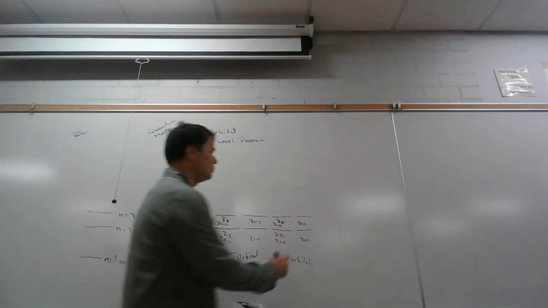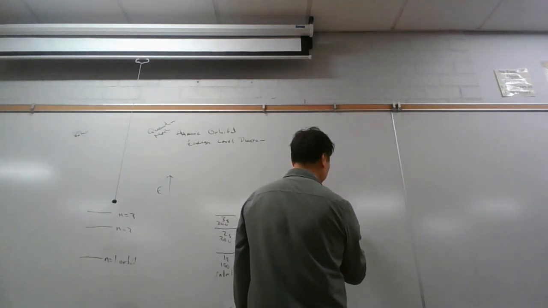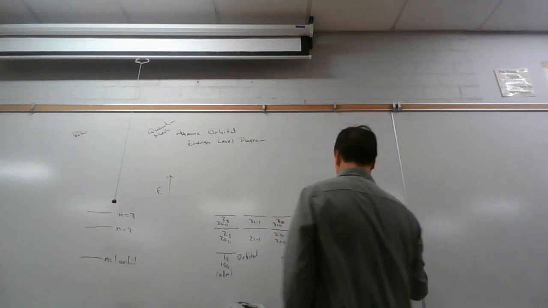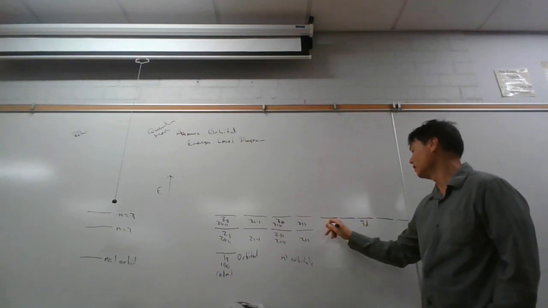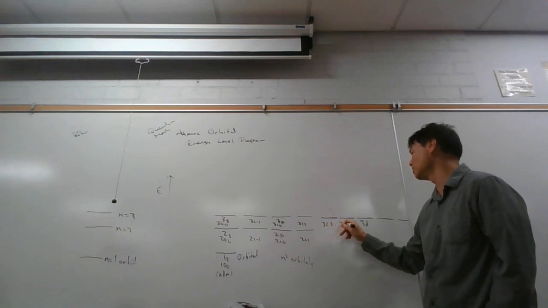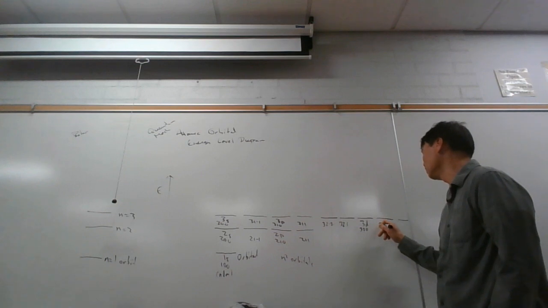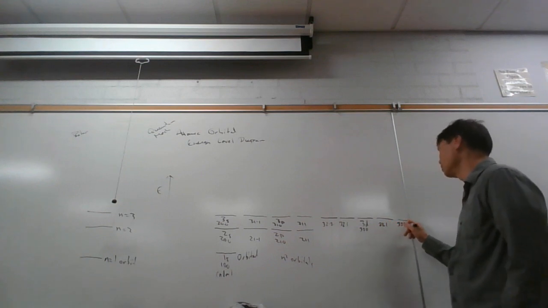Or the electron could be in the 3d subshell. The 3d subshell contains 5 orbitals. And so the 3d are going to consist of the 3, 2, negative 2, the 3, 2, negative 1, the 3, 2, 0, the 3, 2, 1, and the 3, 2, 2.